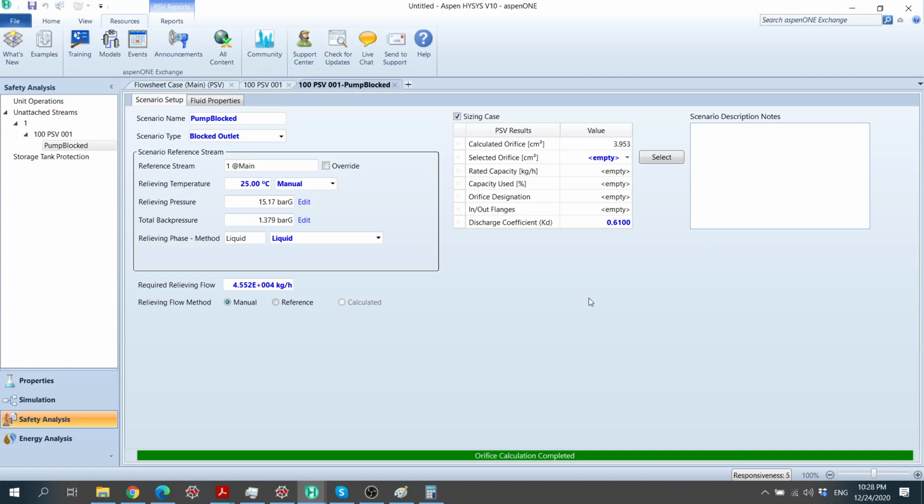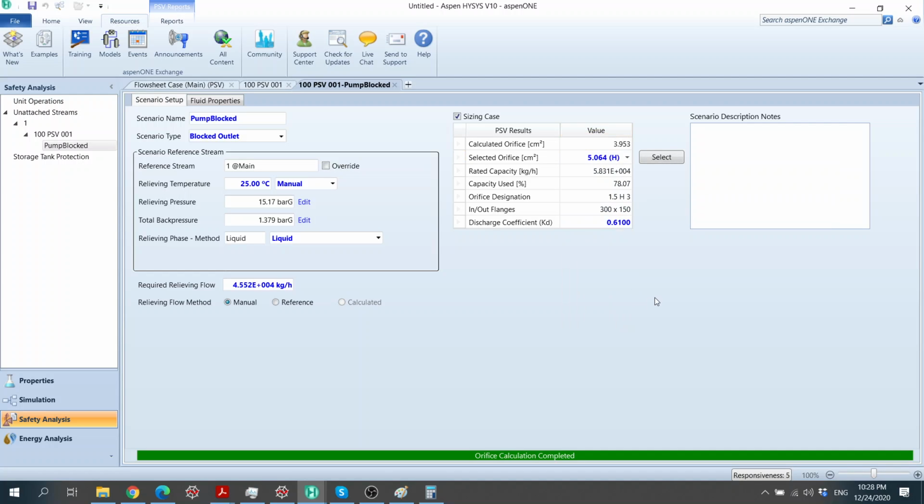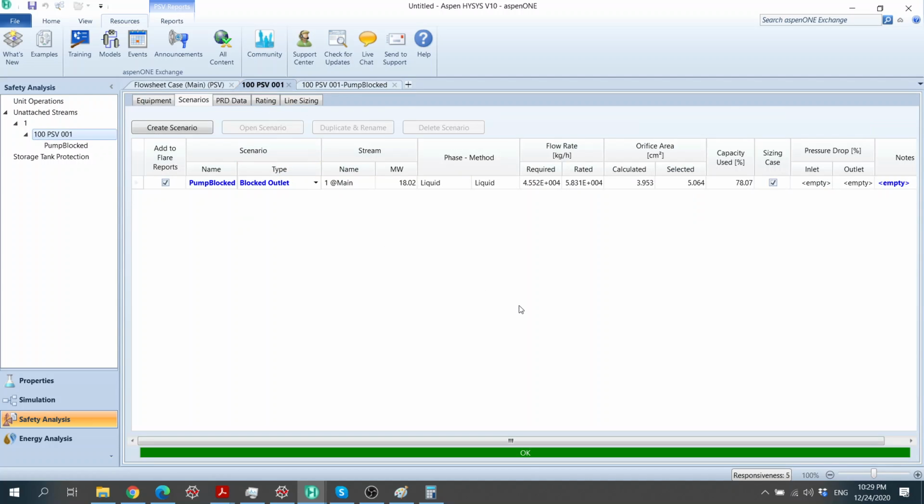So we could do so. I think let's do this, 3.9. So we can make H instead of J. Instead of J, we can use H. Select this one and then the rating.